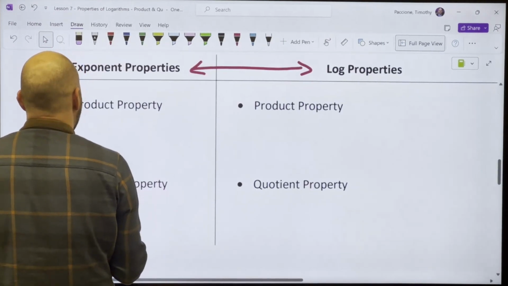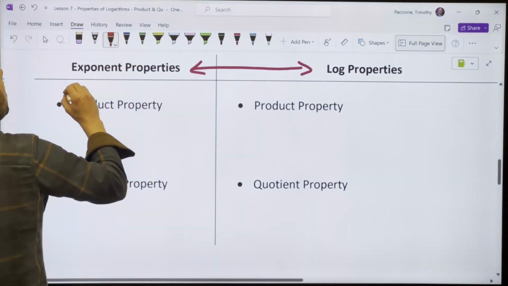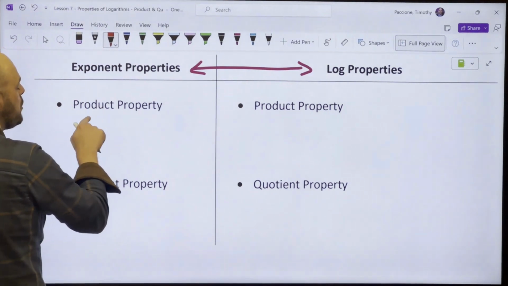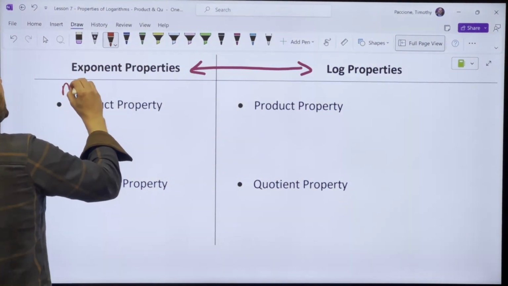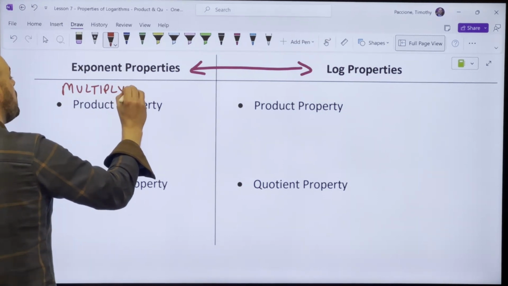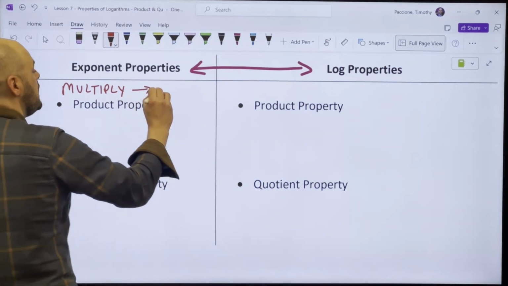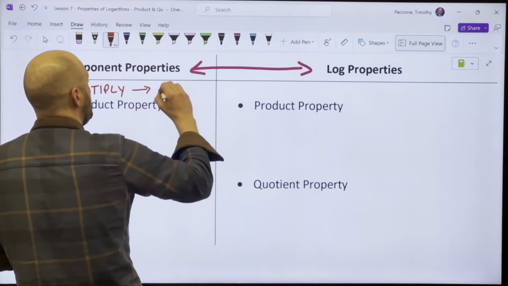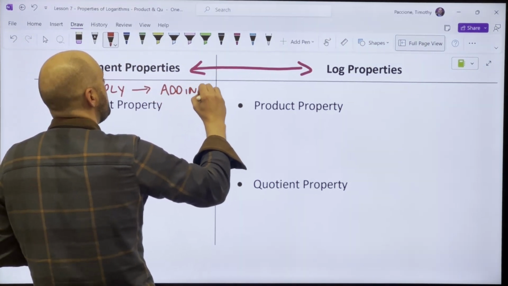Now, the product property. Product is when... what does the word product mean? Multiply. And you're correct, when we go from multiplying to what? Adding, right? And remember, it looks like this.